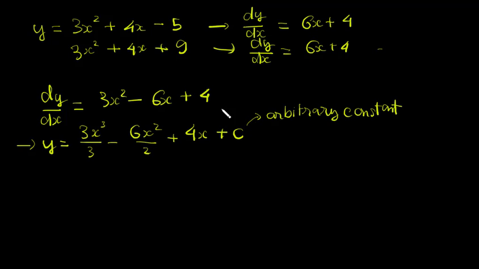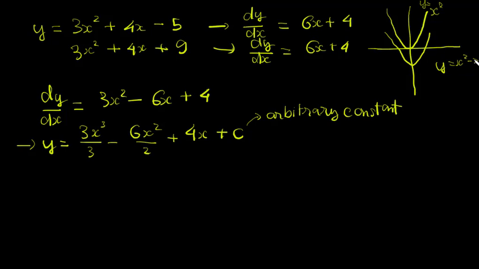For a particular graph, it will pass through some particular point, and they are not the same. Like I have the graph for y equal to x squared, and y equal to x squared minus 2 down here. Depending on the constant term, they travel along the y-axis and do not meet each other.